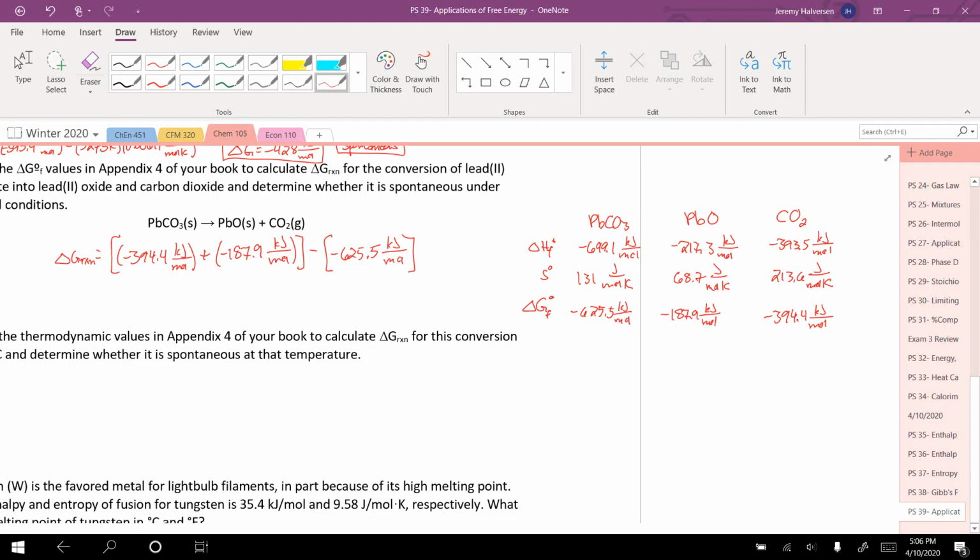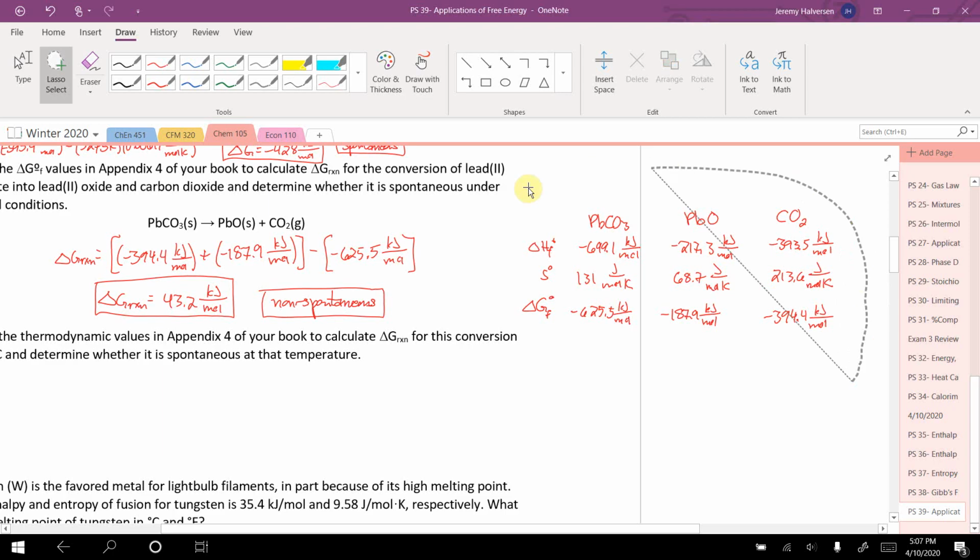That gives me delta G of this reaction is positive 43.2 kilojoules per mole. Because it's positive, that tells me this is non-spontaneous at normal conditions.